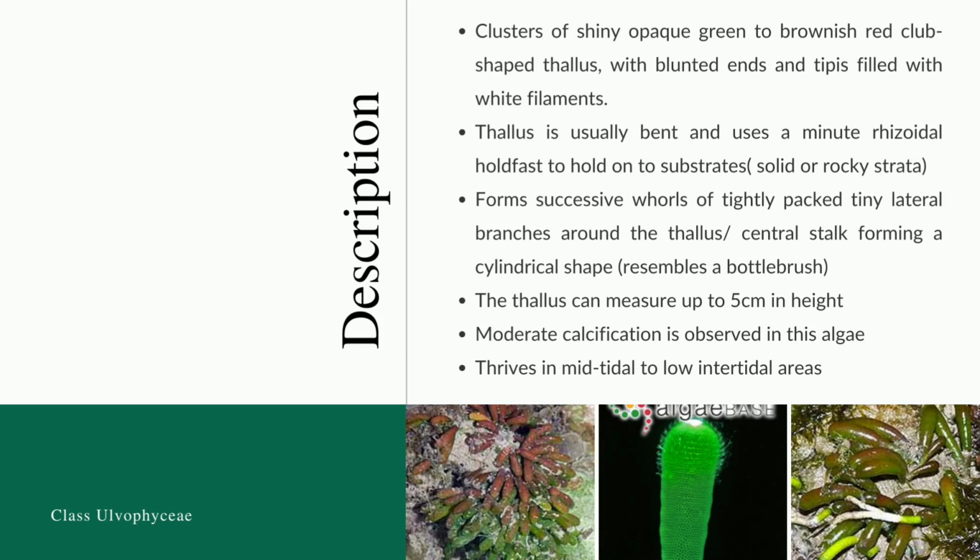The thallus is usually bent and attached to the substrate via small holdfasts. Tightly packed lateral filamentous branches cover the thallus in a whorl-like pattern resembling a bottle brush. As seen in some of these pictures, there is evidence of slight calcification in their cluster.